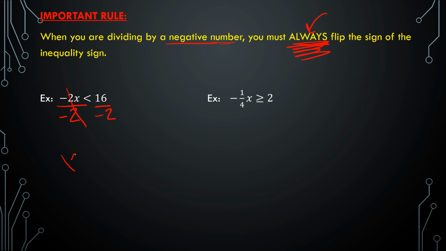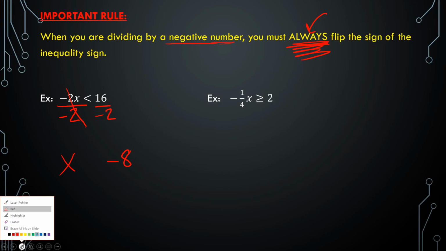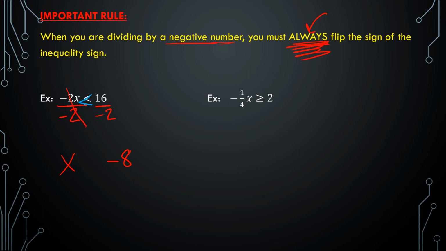Since I'm dividing both sides by negative 2, my inequality sign is originally less than, right? So when I flip it, the pointy end of my inequality sign is going to flip the other direction. So it will look like this. That's just a rule, you've got to remember it.